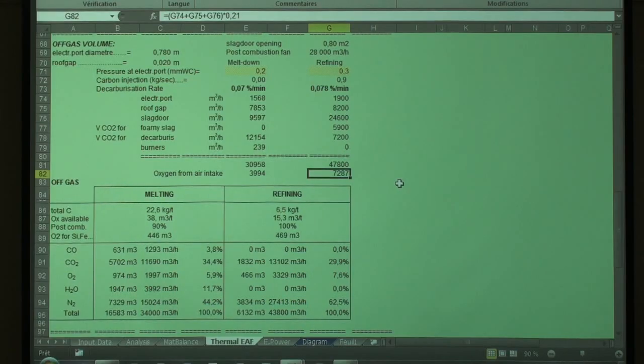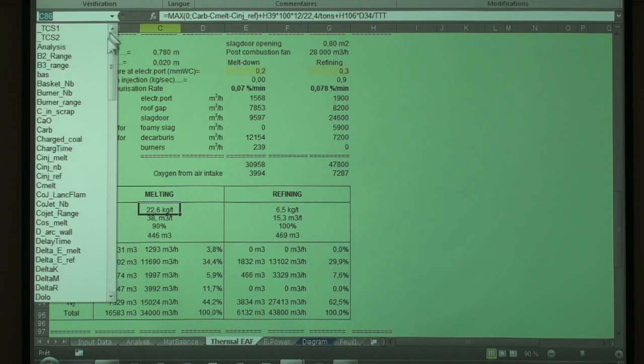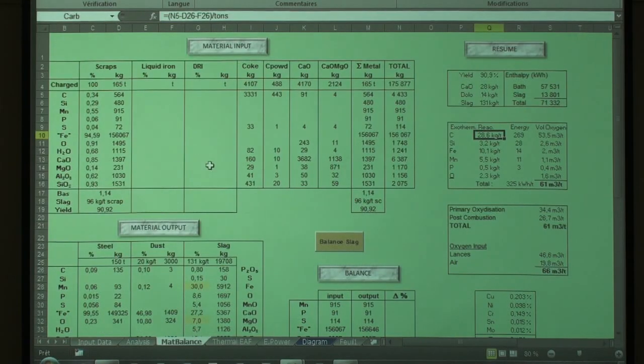Well, so here I cross-check the post-combustion rate, because I have the total carbon going into the off-gas in this cell. Carb is the total carbon.